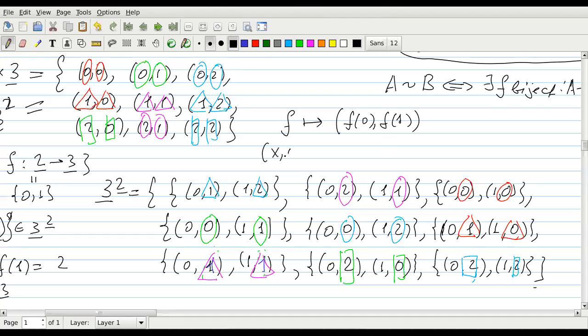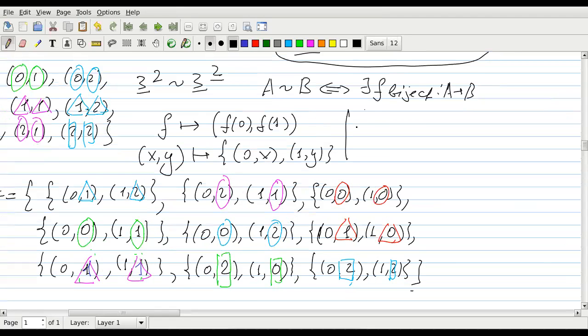And for the opposite direction, if we have a pair, we assign it the following function: 0 maps to x, 1 maps to y. Is it clear? Yes. So we have a bijection between pairs and functions.